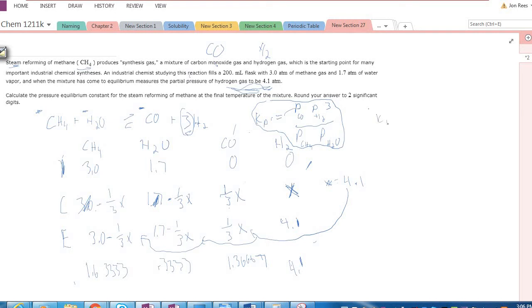Okay, now I can put these into my equilibrium expression over here. So I have Kp equals the partial pressure CO, which I calculated to be 1.36667, times 4.1, but that 4.1 has to be cubed, divided by 1.6333, that's my pressure of methane at equilibrium, times the water at equilibrium, which is 0.3333.